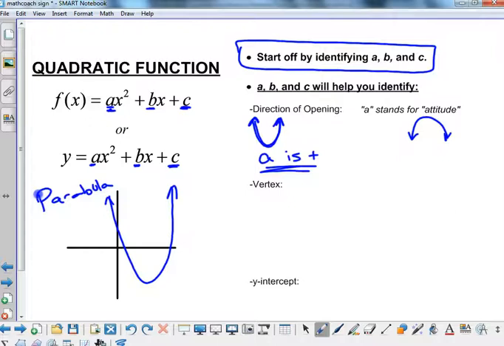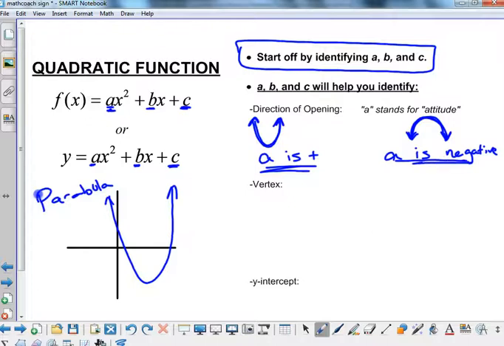If we have a negative attitude, or our A is negative, it's going to be frowning, which will be going downward. Just one little way you can help remember. Basically, positive points up and negative points down. That's pretty simple as well, just a little clever play on it there.